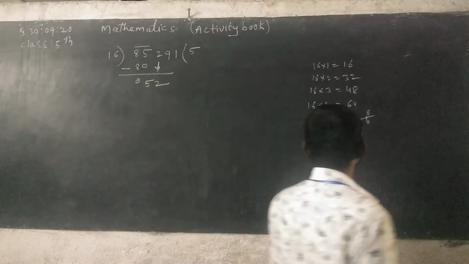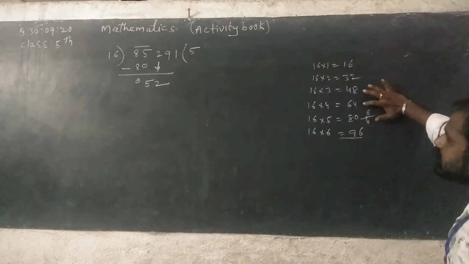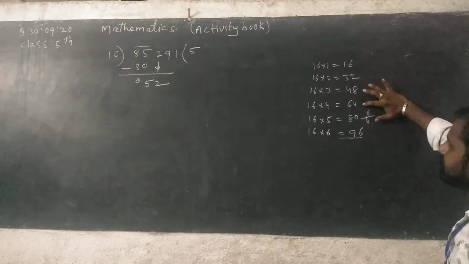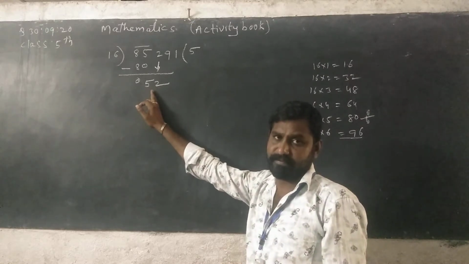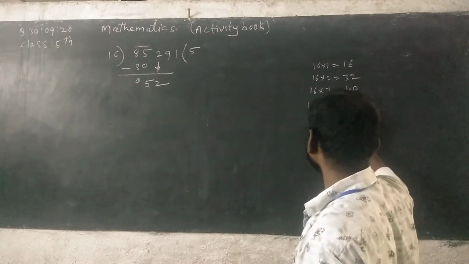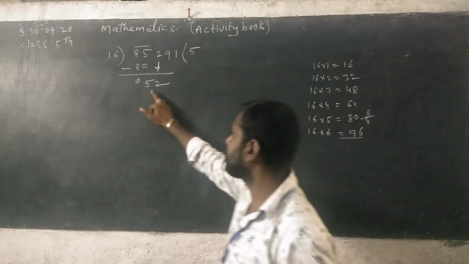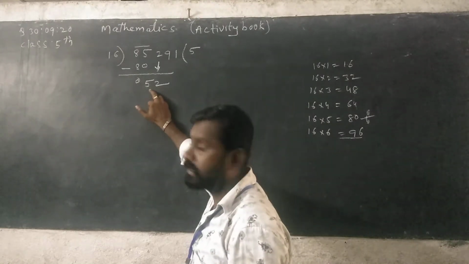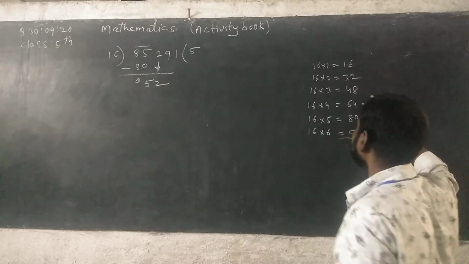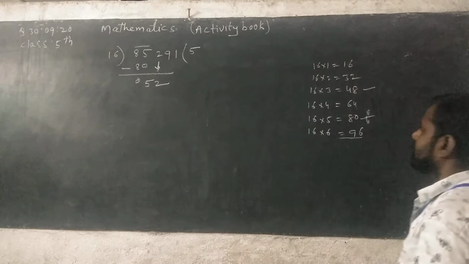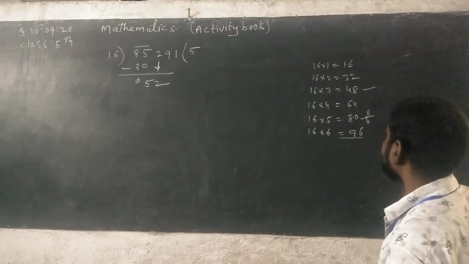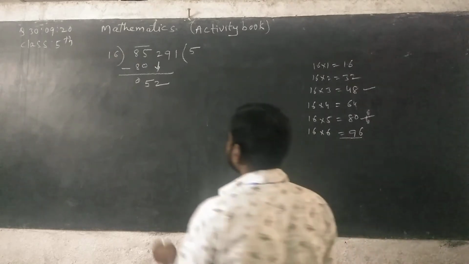Next, 16 fours are 64. Here 52 is there, so 64 is more than 52, and it is not possible. So we go to 16 threes are 48. So it is possible.